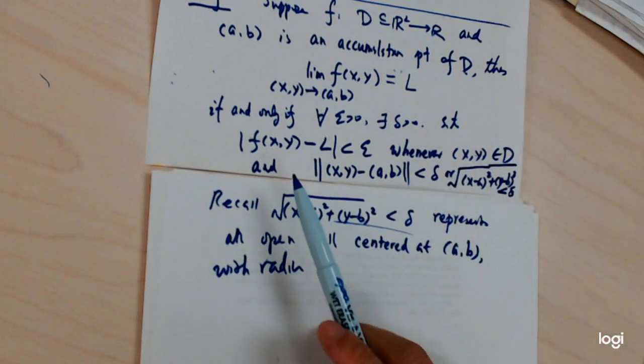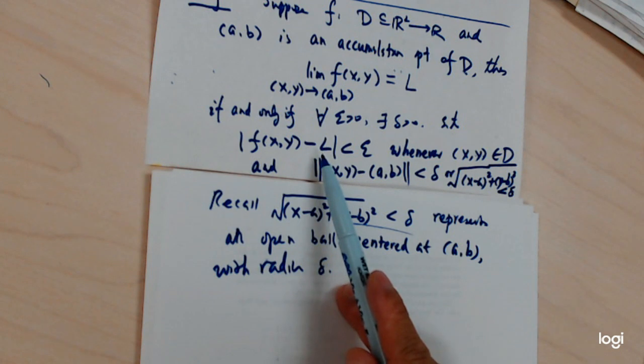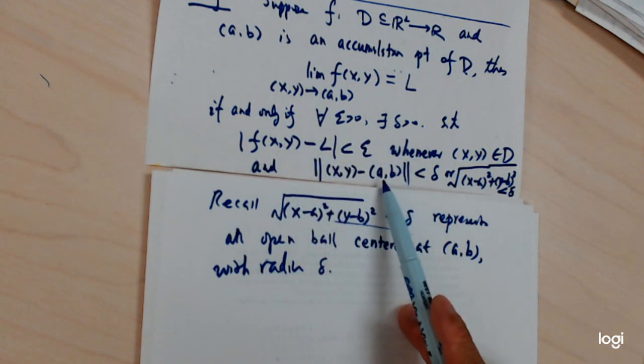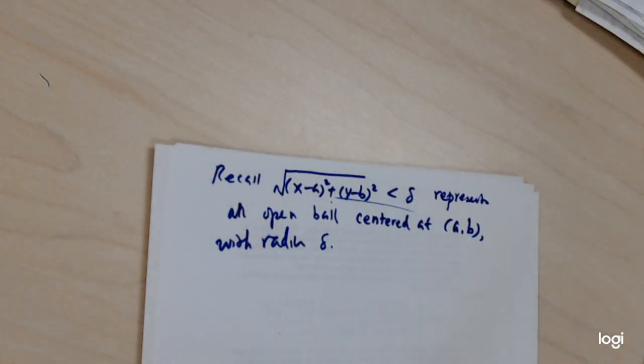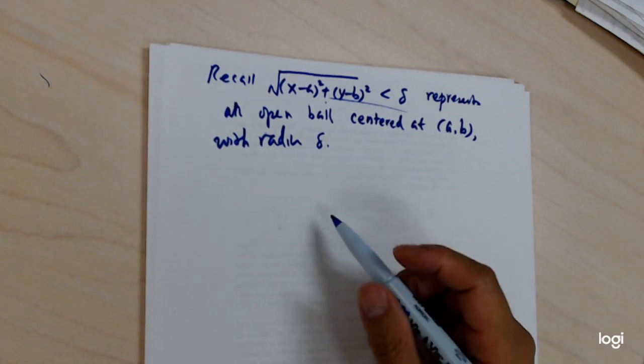So once again, to prove f approaches L, we want to show there's a delta so that this inequality holds whenever this inequality holds, which is identical to this. Obviously the work will be a bit trickier than the limit in R1, but otherwise not too hard to understand.